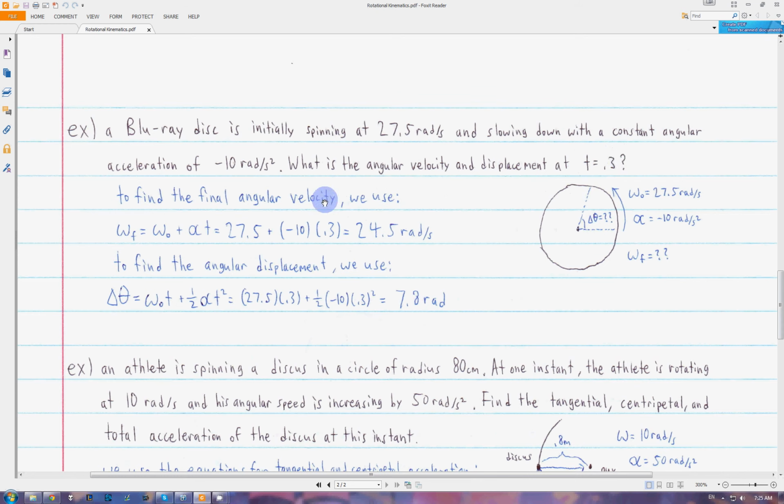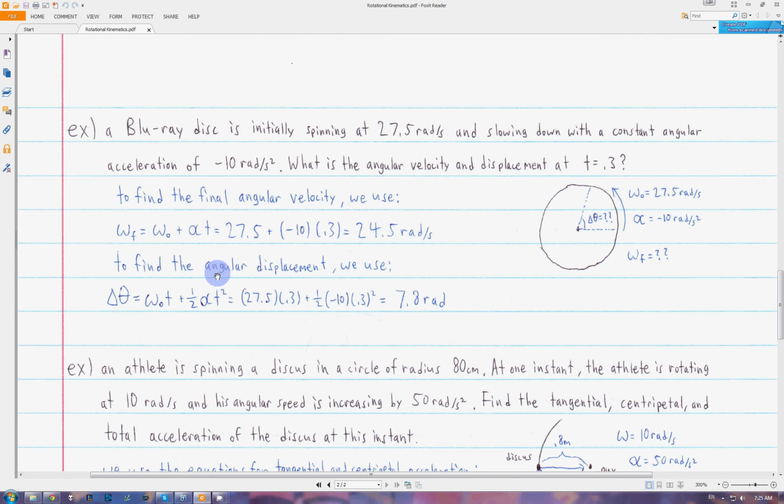So here we just used kinematics equations. So to find the final angular velocity, we use this equation. Final angular velocity equals the initial angular velocity plus angular acceleration times time. And so we find that the final angular velocity is 24.5 radians per second.